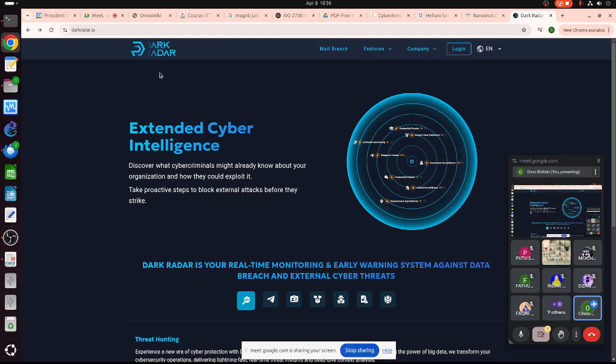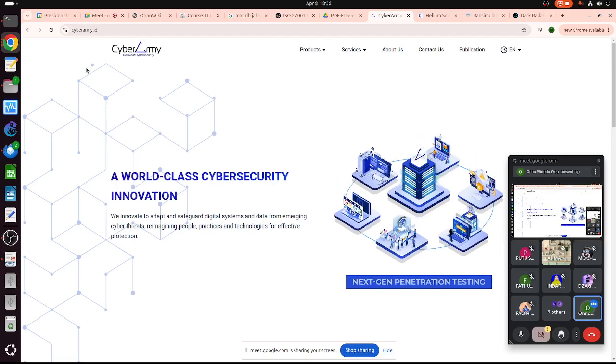So we don't have to install any Tor browser in our computer, but using Dark Radar, we can check whether our data is leaked, if our password is leaked into the dark web, and so on. So we can check using this. Okay, all of this is made by friends at Cyber Army.